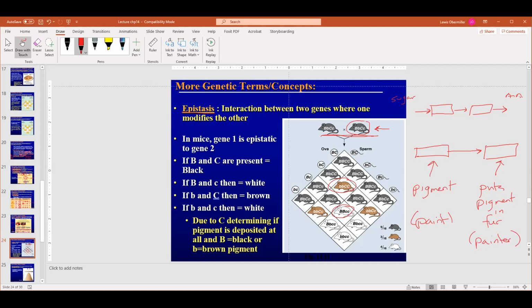So let's say you went and you bought some paint and you threw it on the floor. Is it going to get on your walls by itself? No. You need a painter to put the paint on the wall. So even though you have the paint, it's not going to change the color of your walls unless you have a painter. So here, the gene for the paint, the pigment, is B. And so B is dominant.